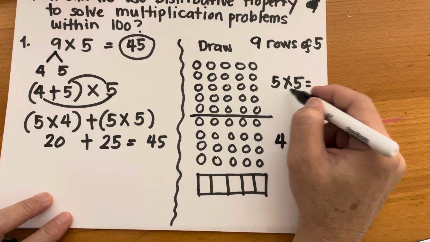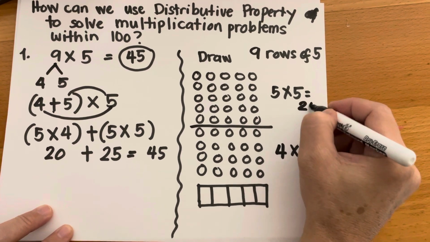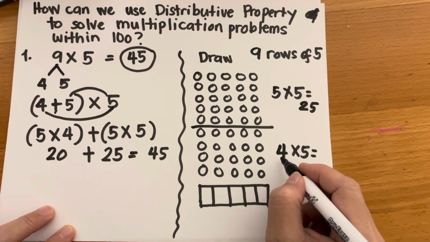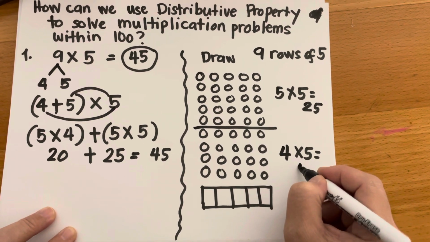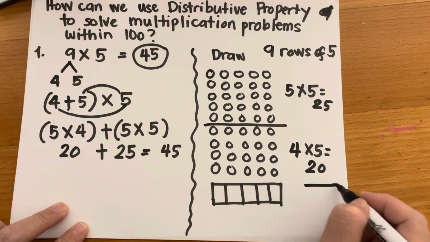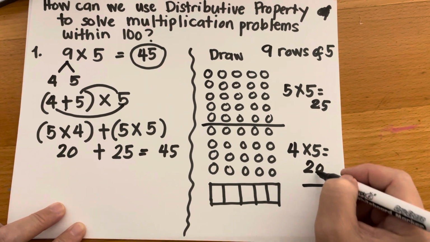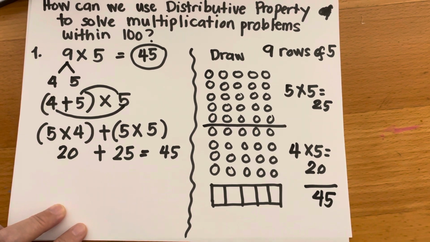So again, what is 5 times 5? Very good. It's 25. And what is 4 times 5? Okay, very good. It's 20, right? And add the partial products. So that means 25 plus 20. Very good. So 45.